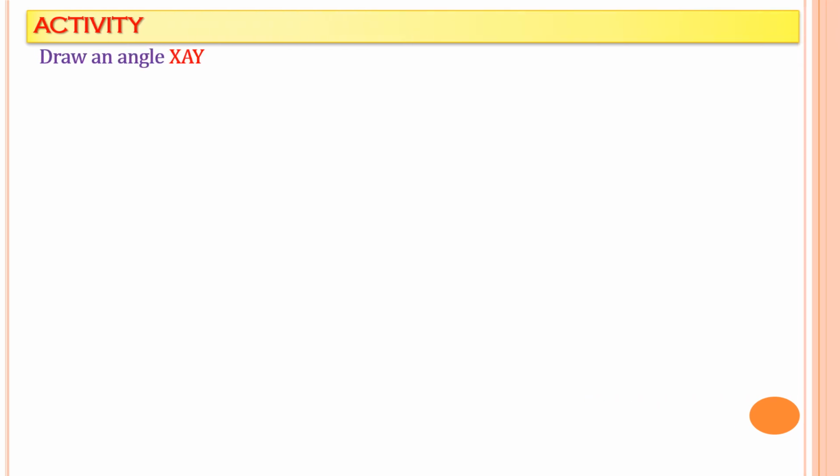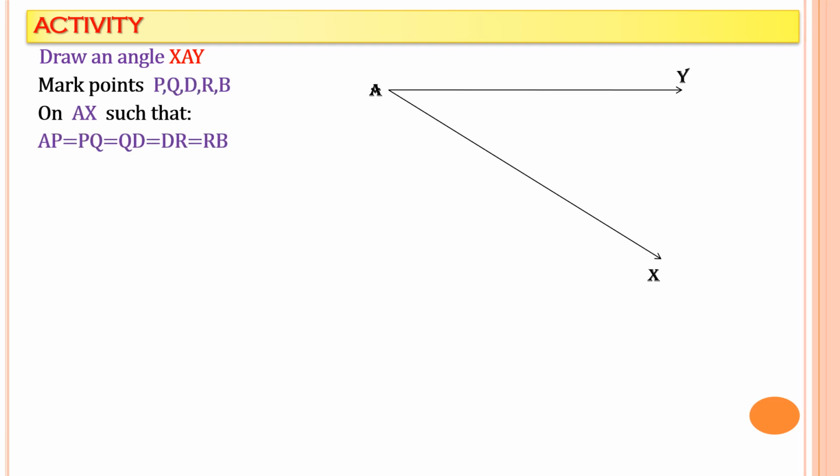Okay. Now let's do an activity. Draw an angle XAY. You can do it along or later on by pausing the video. Then mark points P, Q, D, R, B on AX such that AP = PQ = QD = DR = RB.